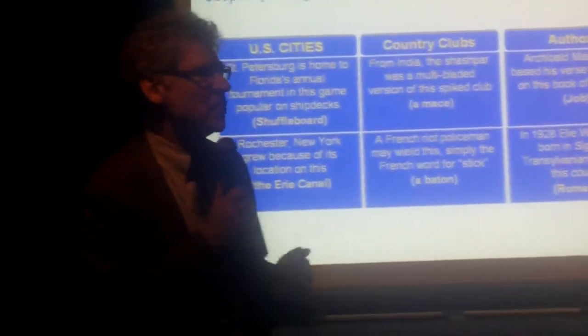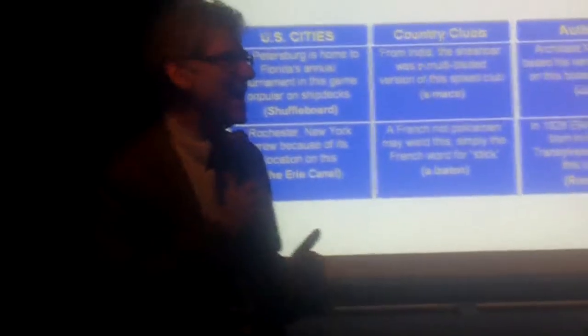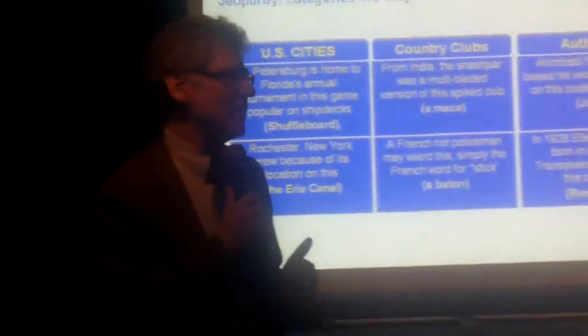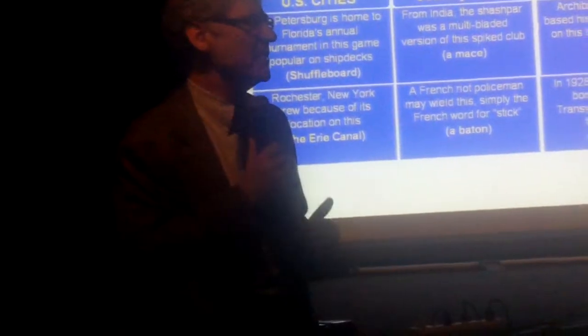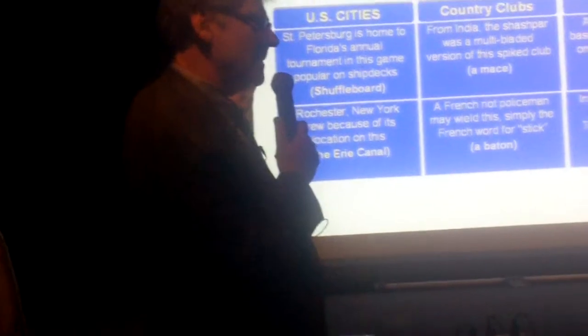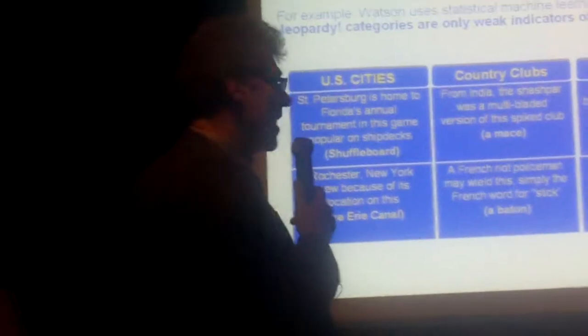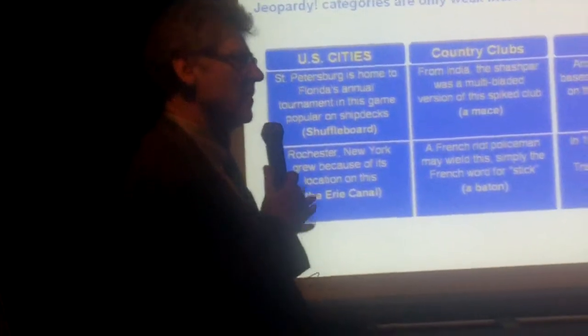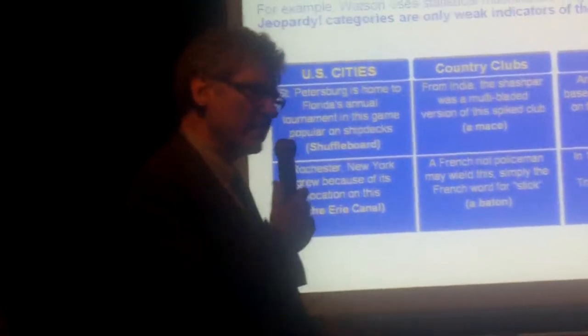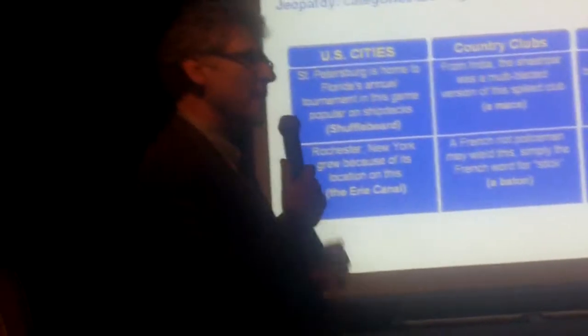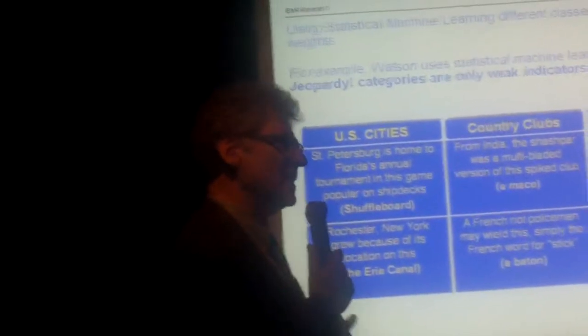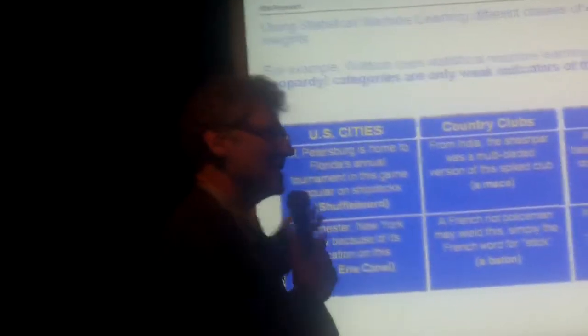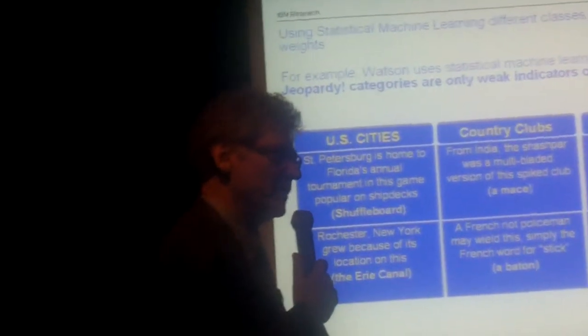In particular, it showed us that the category is not very reliable for determining what the type of the answer is. So here are 6 examples where, given the category, US cities or country clubs or authors, the answer was not a US city or country club or an author. That was the theme of the clue, yes, but it wasn't the type of the answer. So there's no guarantee that the answer type is the same as the type of the category.